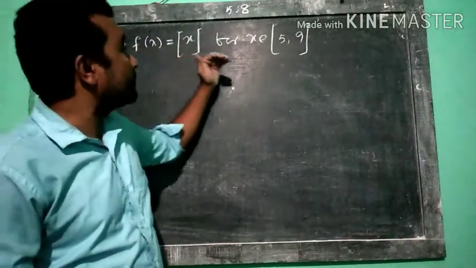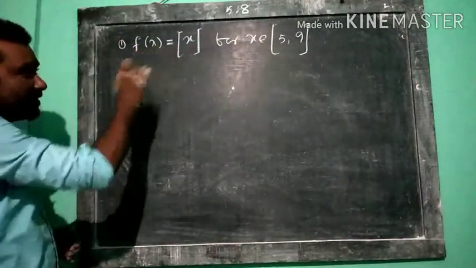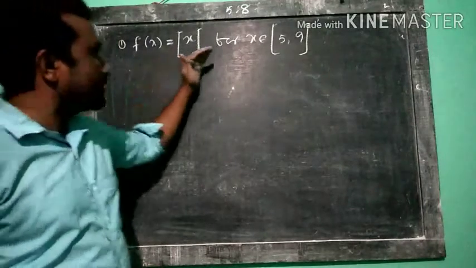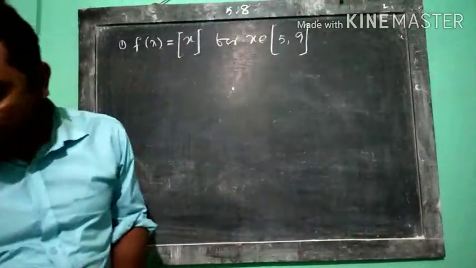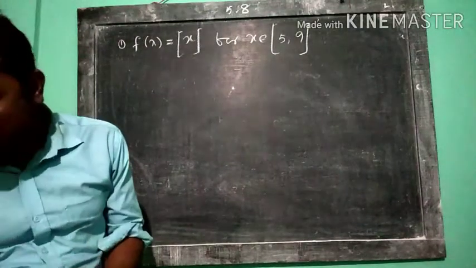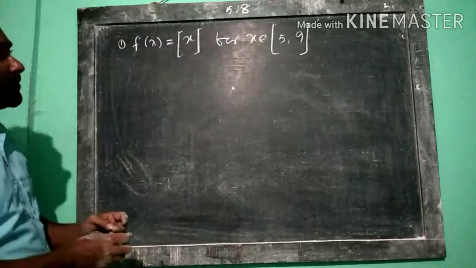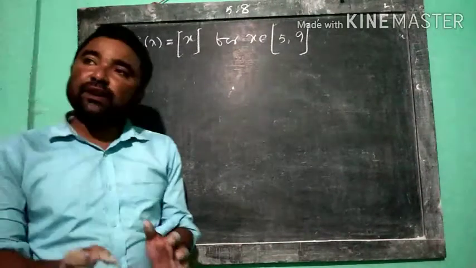So how do we solve this type of question? Since it is a greatest integer function, it is not differentiable. If it is not differentiable, then it is not continuous also, because a differentiable function is always continuous.